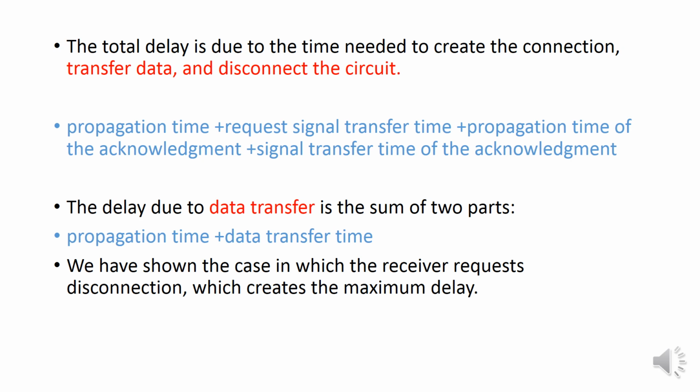For creating the connection, the delay depends upon the propagation time, request signal transfer time, propagation time of the acknowledgement, and signal transfer time of the acknowledgement. During the second phase, the data transfer phase, the delay is the sum of propagation time and data transfer time. In the last phase, there may be a small amount of delay during the disconnection of the circuit.